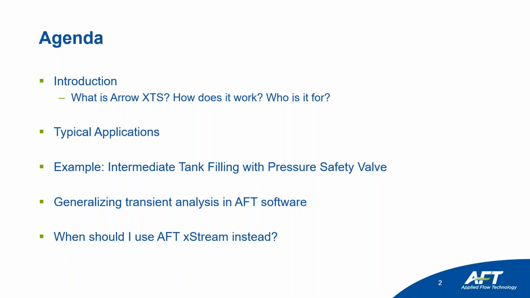We'll bring it all together at the end, taking what we learned today and trying to generalize it to a lot of different transient applications, and then hopefully having a better understanding, if you are looking at compressible flow systems, which tool is going to be the right one for you as you're doing transient analysis.